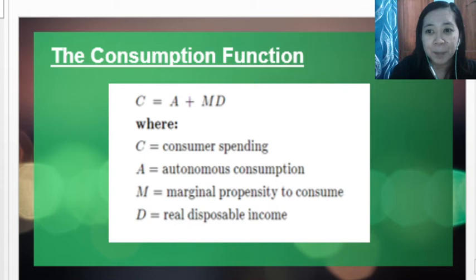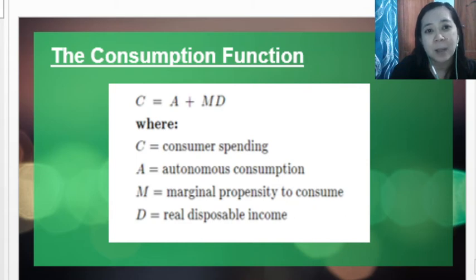So if an individual gets a raise in pay, instead of also raising his savings, he increases his spending on consumption of goods and services. That is the marginal propensity to consume. Because of the increase in their pay, they also increase their spending.